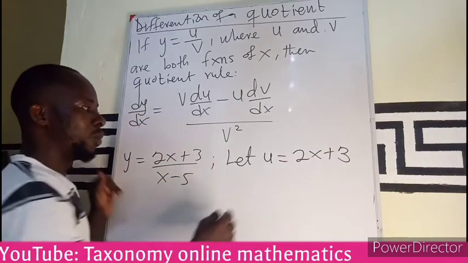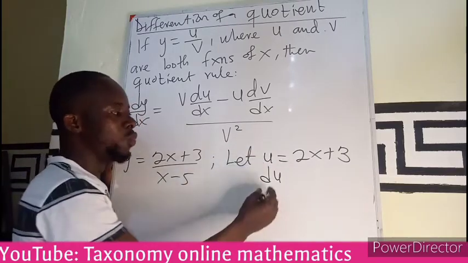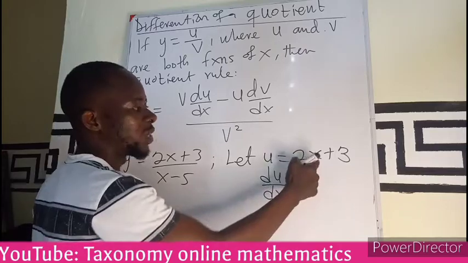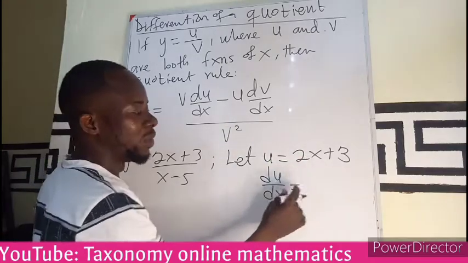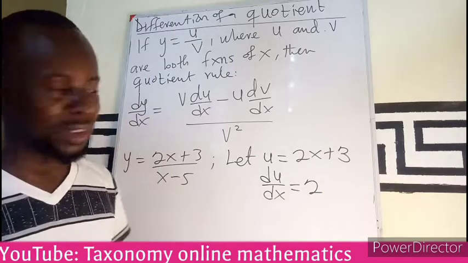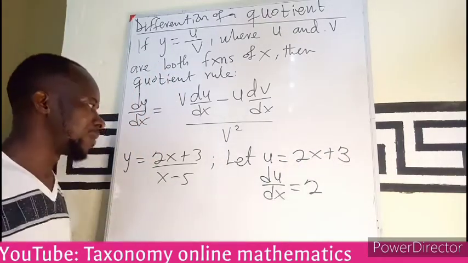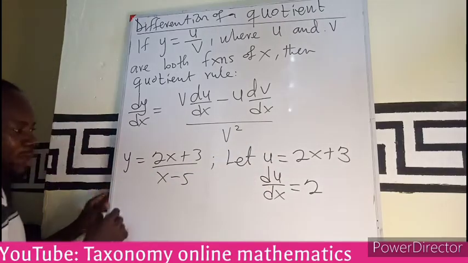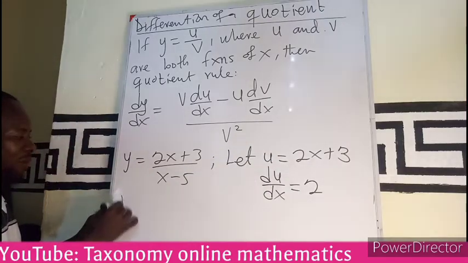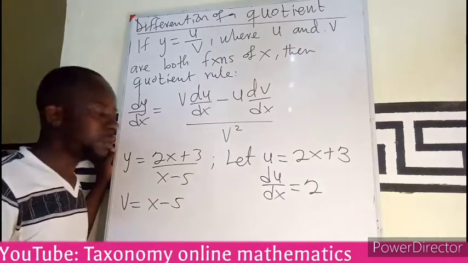Alright, so now we can also perform differentiation of u with respect to what? x. And that is going to be nothing but what? 2. If we differentiate the constant, you get 0. So this will give us 2. Then if u is a numerator, then our v is going to be x minus 5.